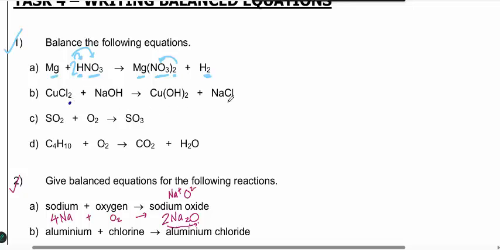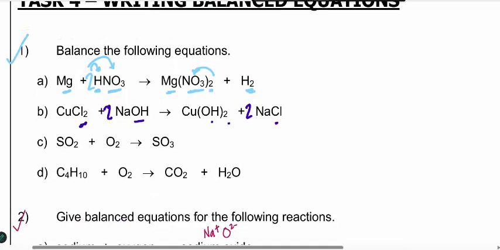This one is 2. This one is 2. So you have 2 chlorine, 2 chlorine. But then now you have 2 sodium, and then 2 hydroxide, 2 hydroxide. Is everyone happy? Look carefully. Yes. A lot of times when I ask this, my students will say, teacher, I'm not happy.